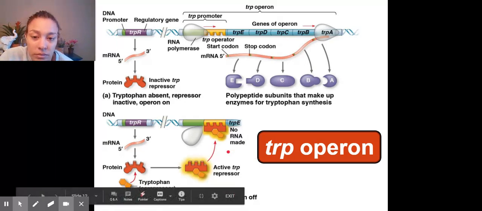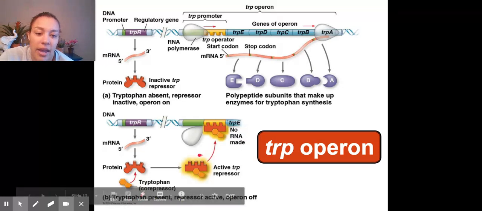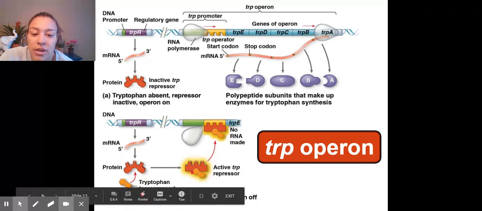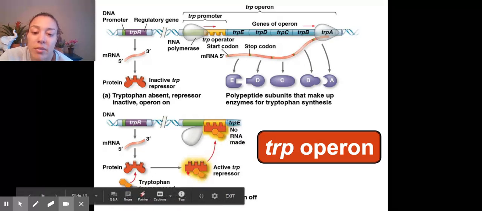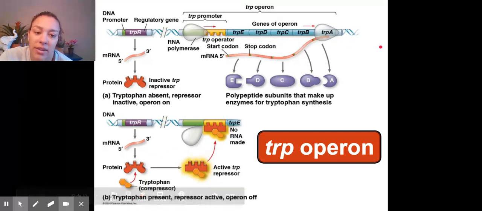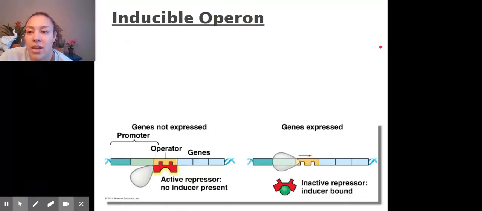And it can be used all the way up. And then once all that tryptophan is gone, that co-repressor molecule can detach from the repressor, which then causes it to be released and then reactivate the process of our tryptophan operon.